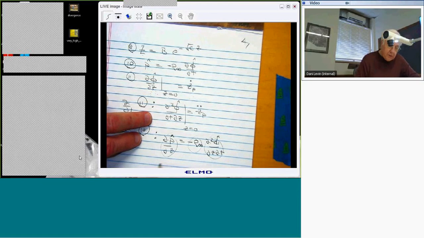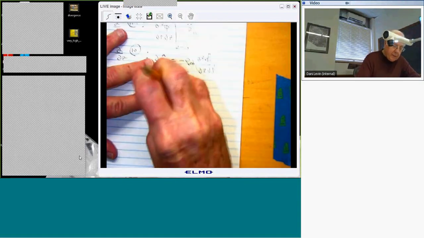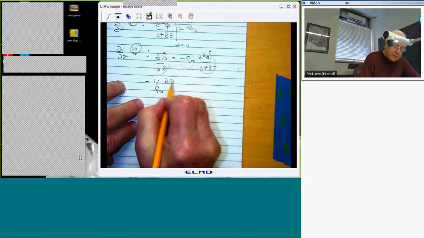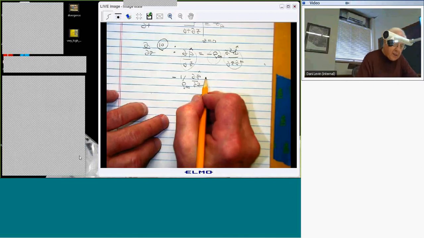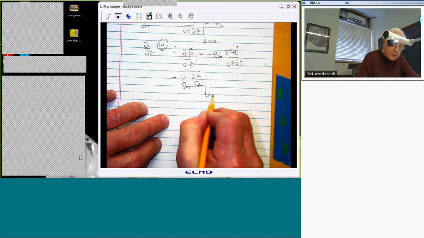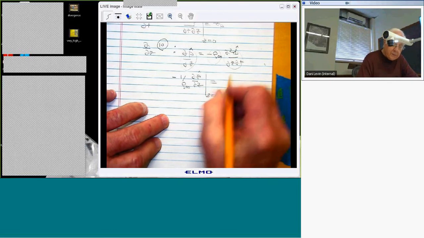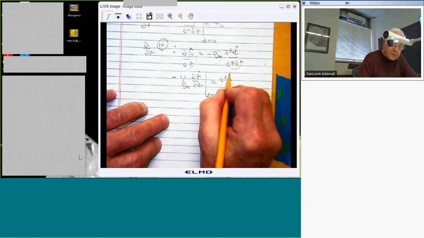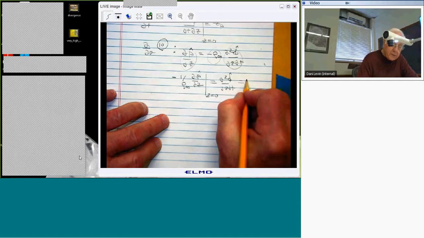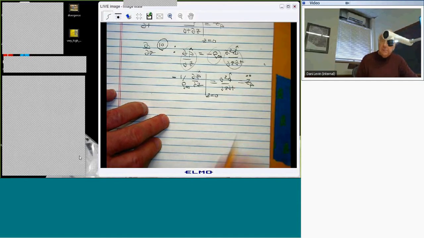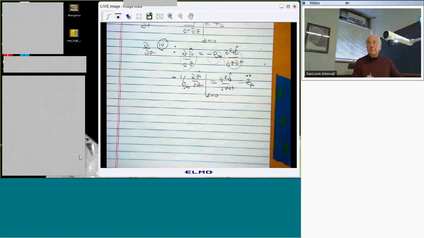So I've got minus 1 over rho infinity dp hat dz, evaluated at z equals 0, which is equal to this, right? But that from the boundary condition is equal to z p double dot.